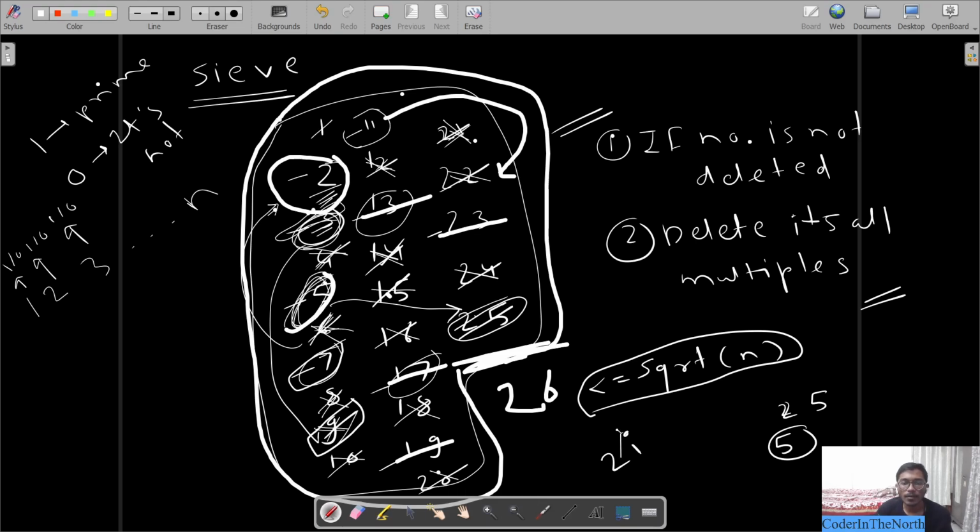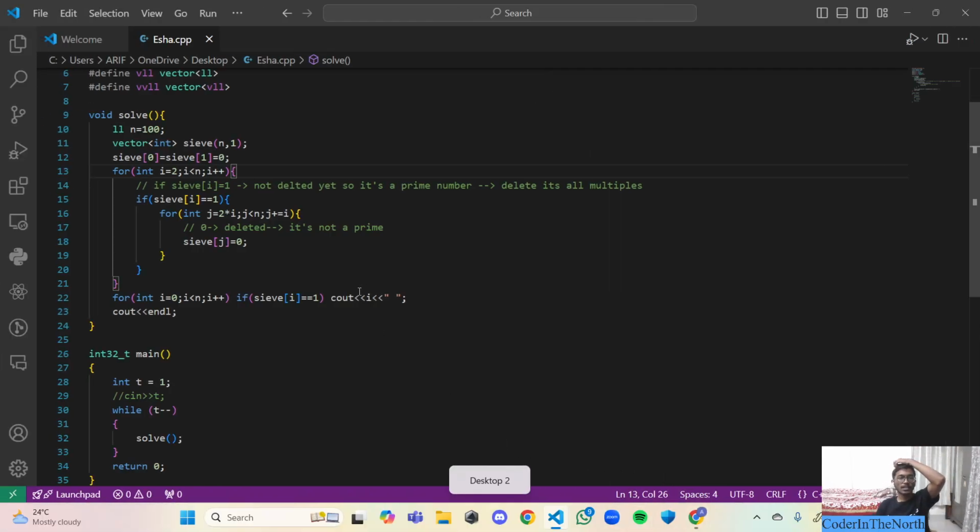Like we started the j loop from 2i. Instead of that, what we can do, we directly start from I into I. We can directly start from the square of the number. So we'll cross check that it is working. Okay, so I into I will be less than or equal to n, which is the same as I less than or equal to square root of n.